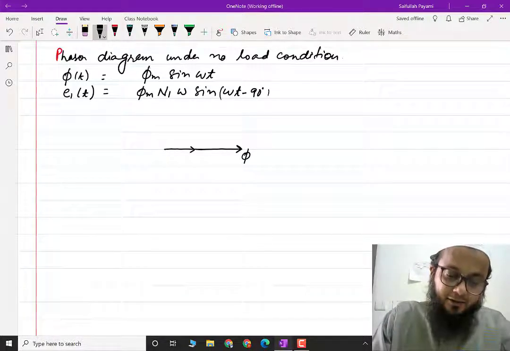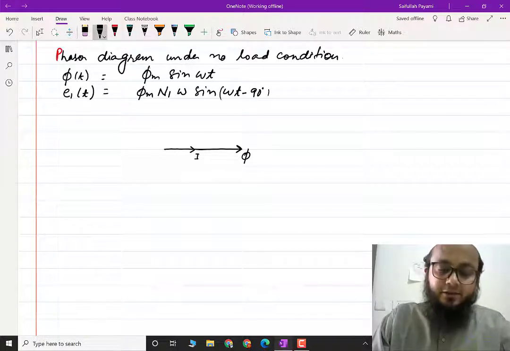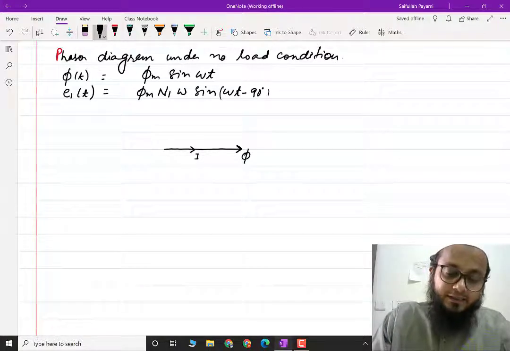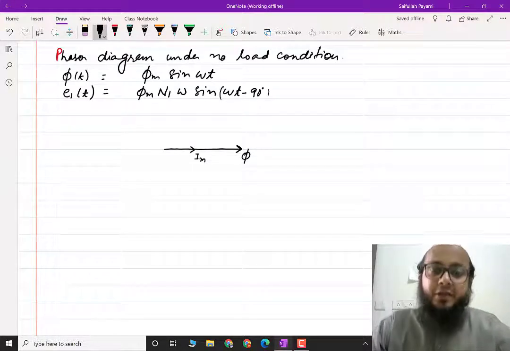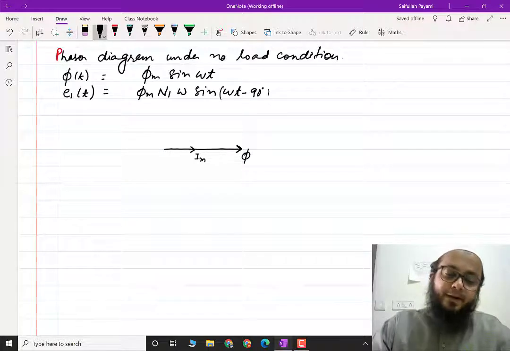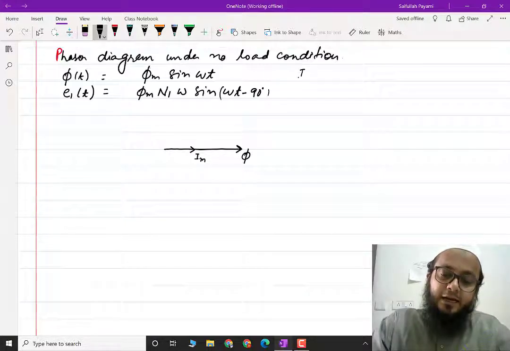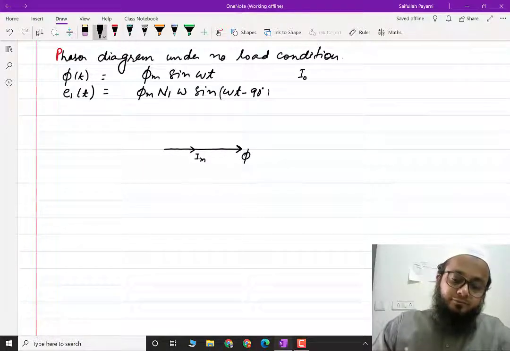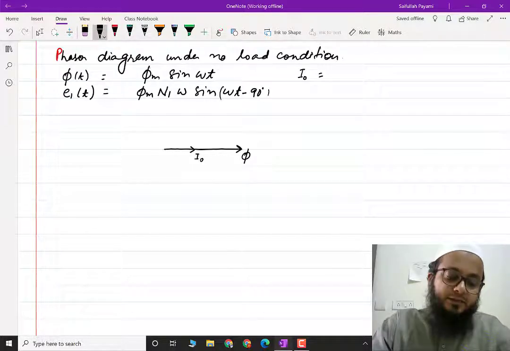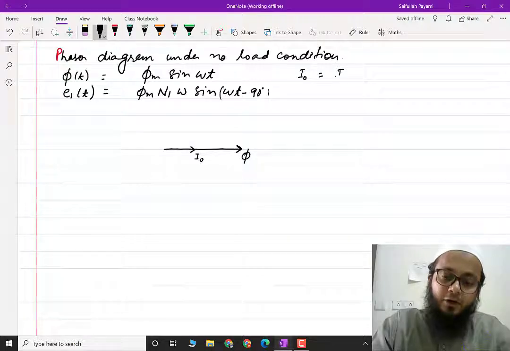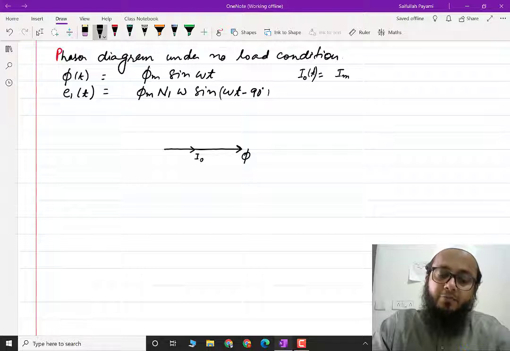Though the current is almost zero or very small, this magnetizing current Im would be in phase with phi. So the no load current I naught(t) would be Im sine omega t.